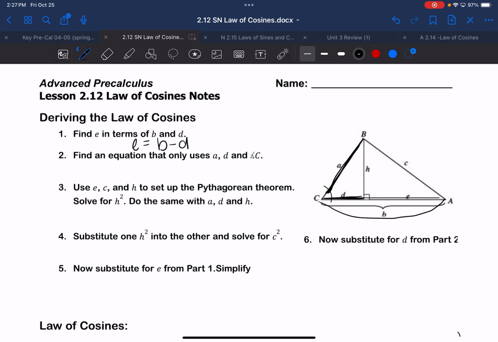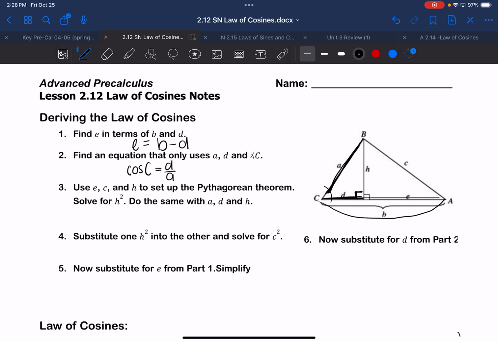Adjacent to it, okay? And side A would be the hypotenuse. Okay, so which ratio uses adjacent and hypotenuse? Cosine. All right, so we're going to have cosine of angle C is equal to adjacent, which would be D, over hypotenuse, which would be A.